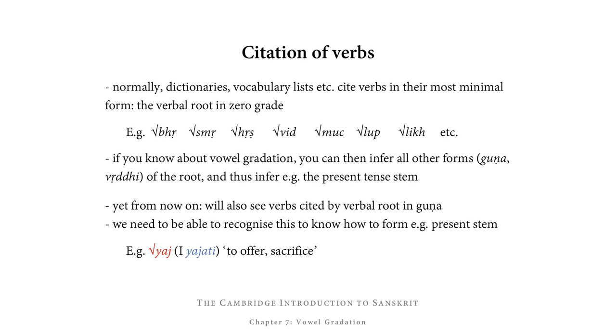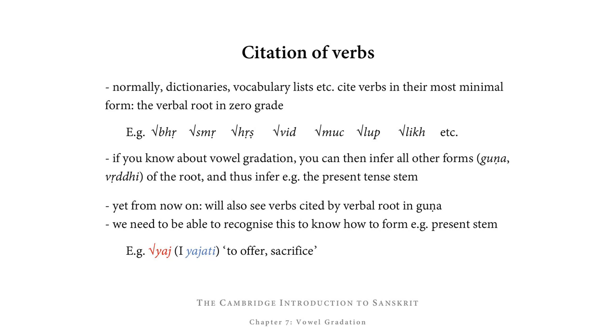So, for example, we have bhṛ, smṛ, hṛṣ, vid, muc, lubh, likh, and so on, all of which are verbal roots that you have already encountered, and all of which are verbal roots that stand in zero grade. You can tell by the fact that they contain a zero grade vowel. In these cases we have vocalic ṛ, short i, and short u.